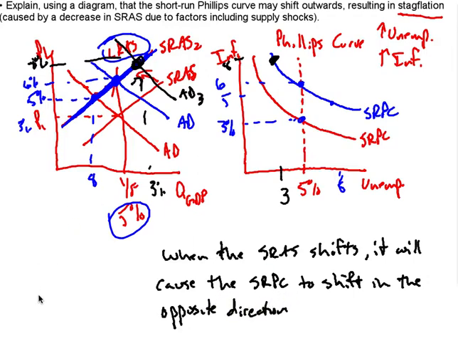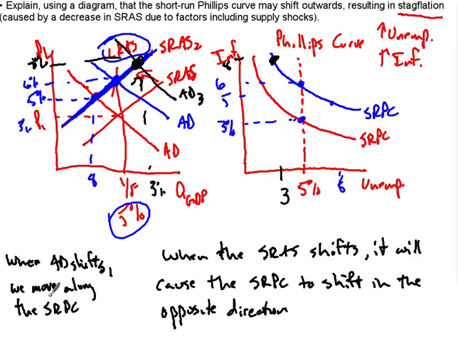Okay, let me just write over here, just a reminder that when AD shifts, we move along the short run Phillips curve. Okay, and so if aggregate demand shifts, all we're doing is moving along the trade-off.